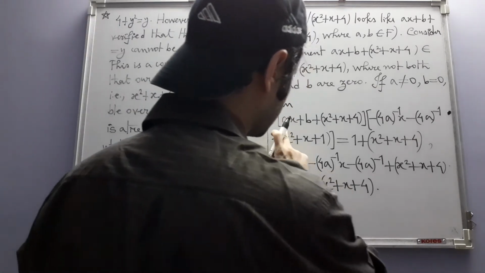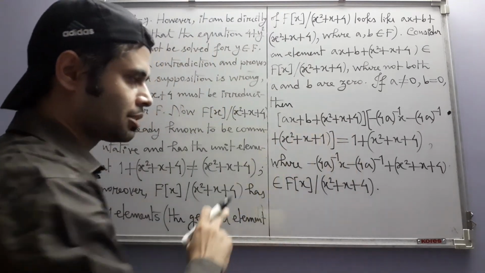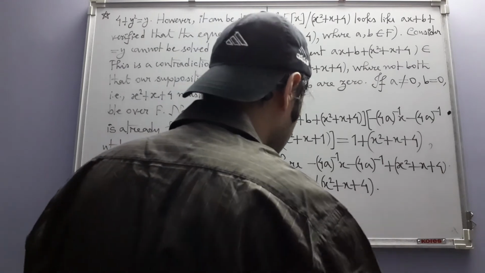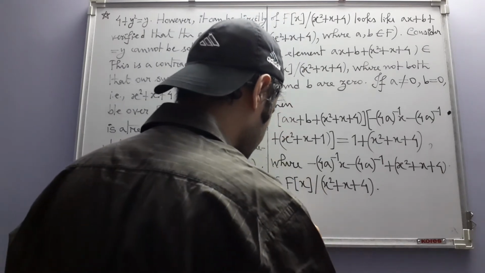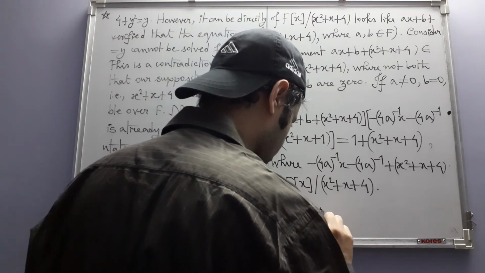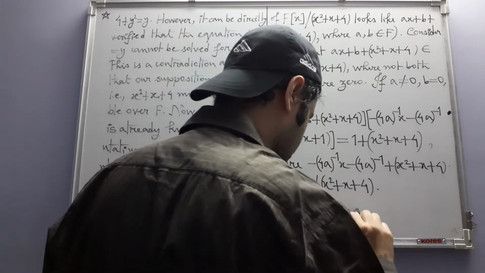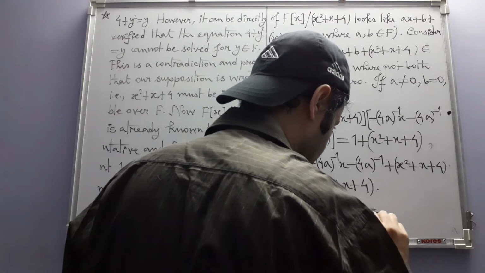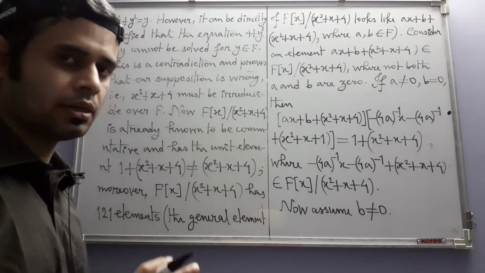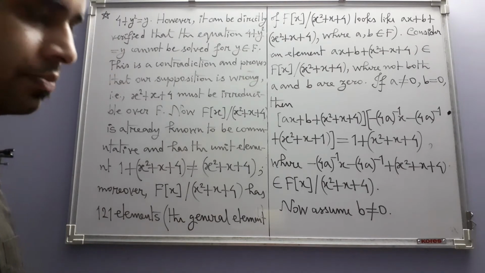So in this case, our chosen element does have a multiplicative inverse. Now assume that b is not equal to 0. Now under this assumption, a may or may not be 0.